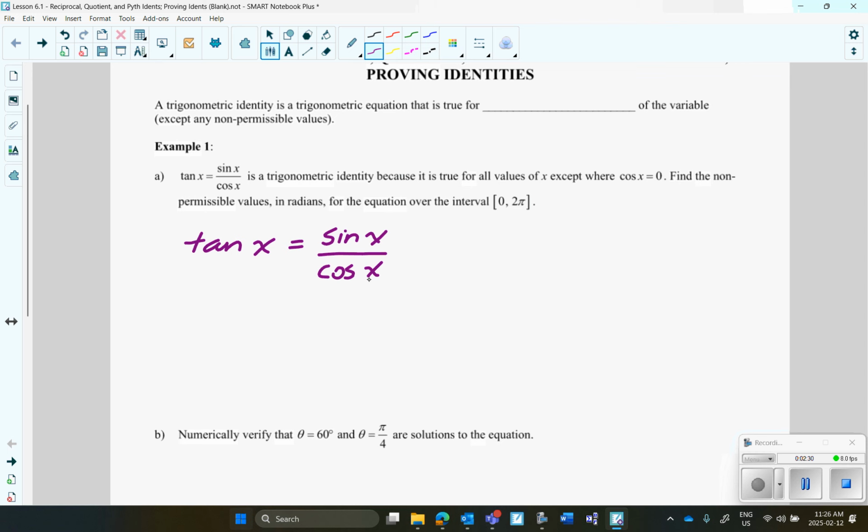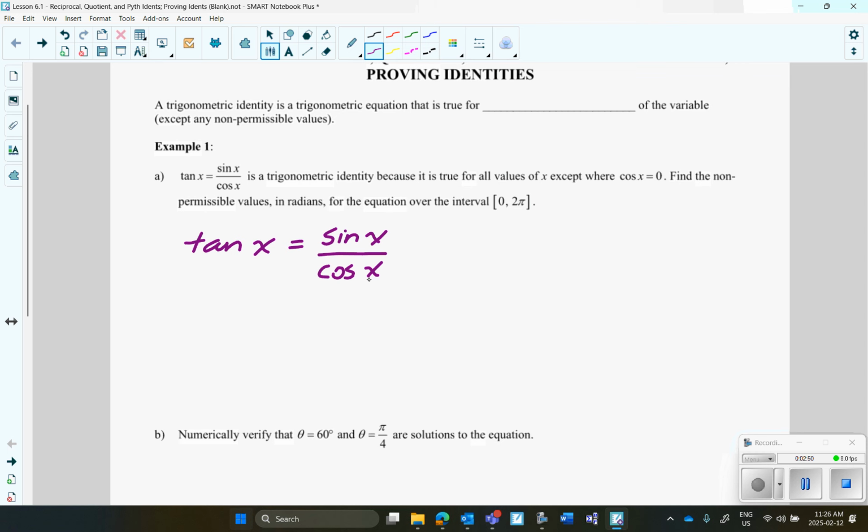Remember, to find the tan, we always divide y by x. Well, isn't y sine? And isn't x cosine? So therefore, tan will always be sine divided by cosine. That's an identity. That's showing that one expression is equivalent to another.